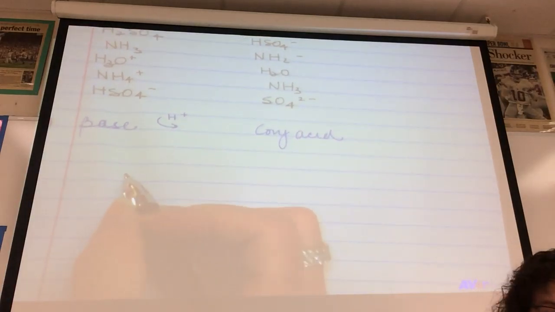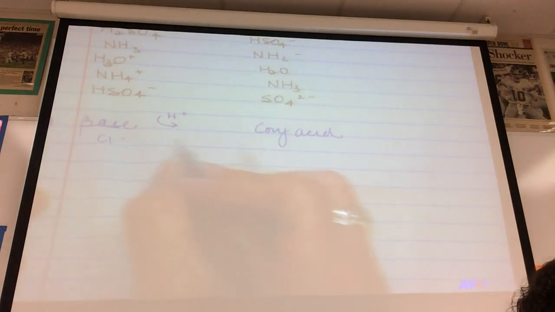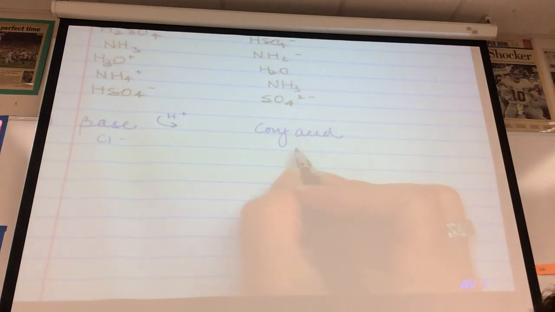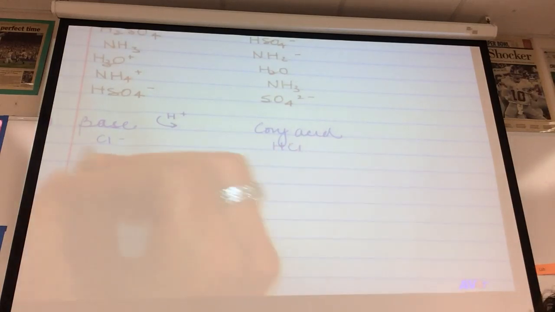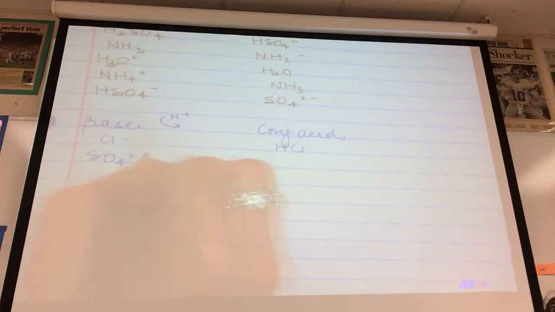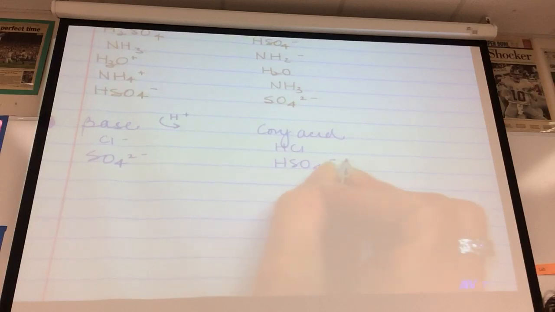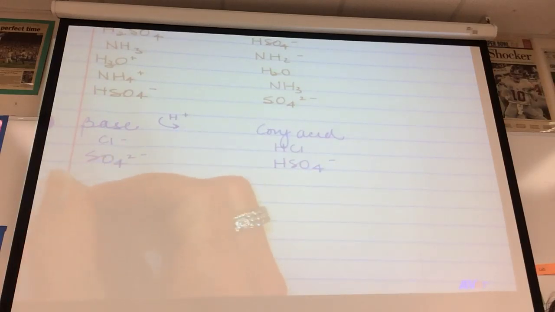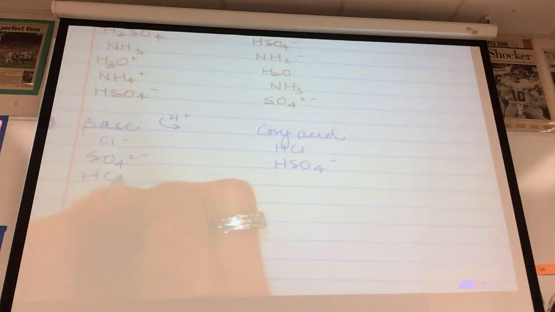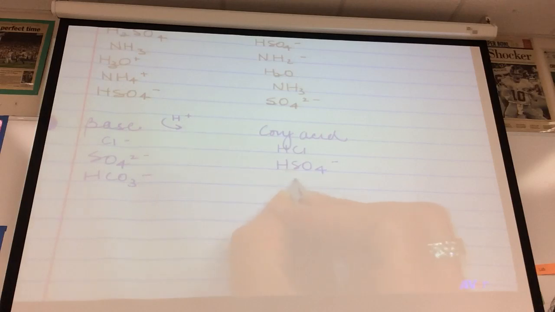For example, chloride ion would form what conjugate acid? Sulfate ion would form what conjugate acid? Hydrogen sulfate ion. Pick a base. Bicarbonate ion. What would that form? Carbonic acid.